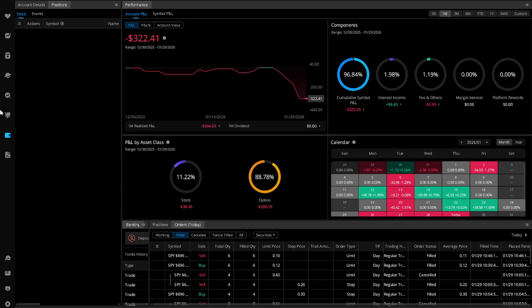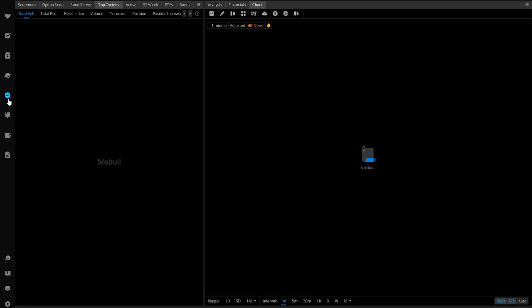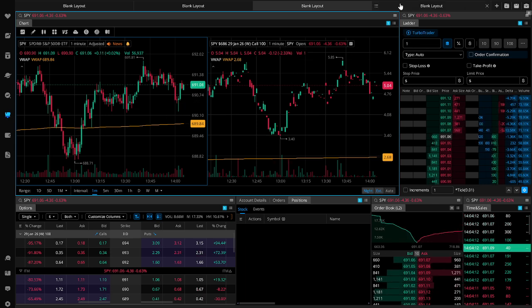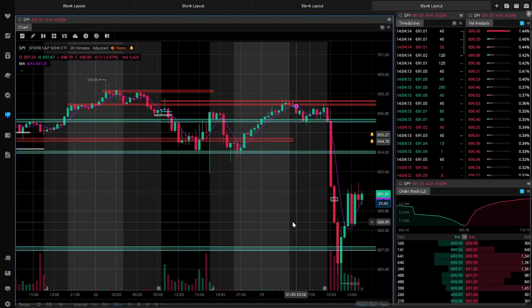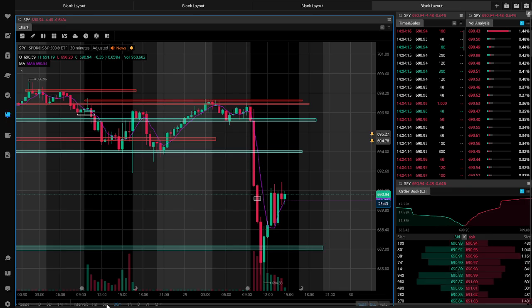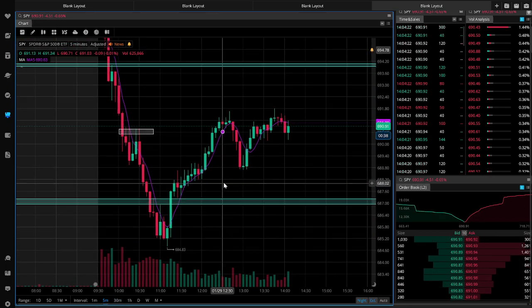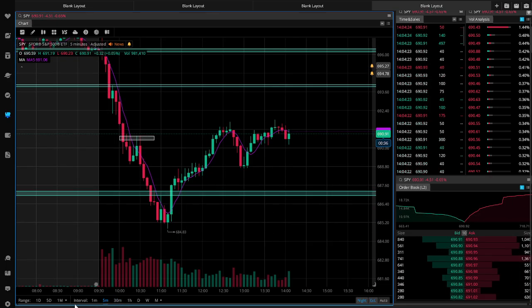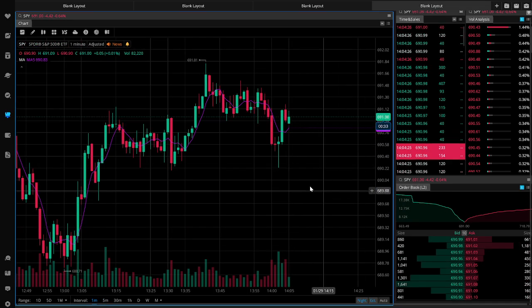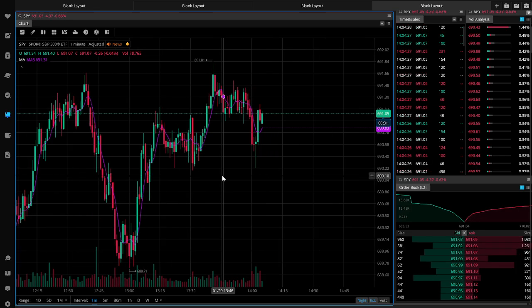So yeah, we can look at a little bit of the day. As you guys can see, my analysis for today, the reversal I was looking for on SPY, happened. My thesis was correct.